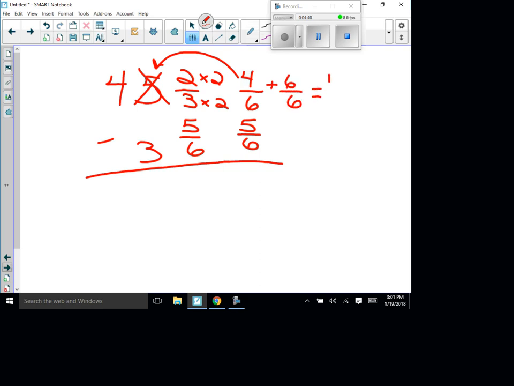So now we have 10/6 minus 5/6. And there we go. Now we can do it. We have 5/6 right there. And then we go back over, and remember the 5 is gone. It's only a 4 now. It's 4 minus 3, and that's 1 5/6. And that's your answer right there, guys. That one takes a little bit of extra time.